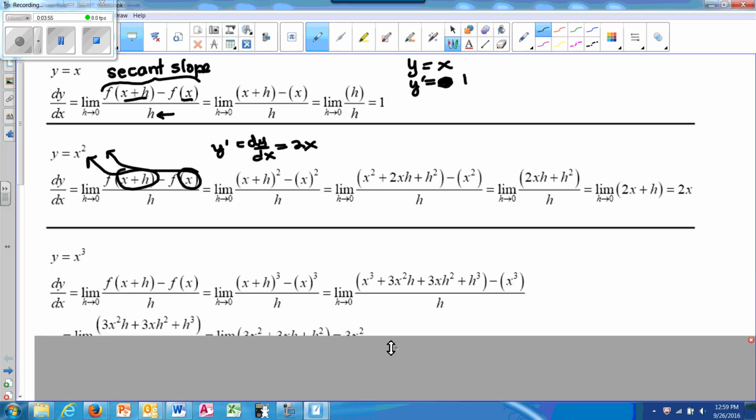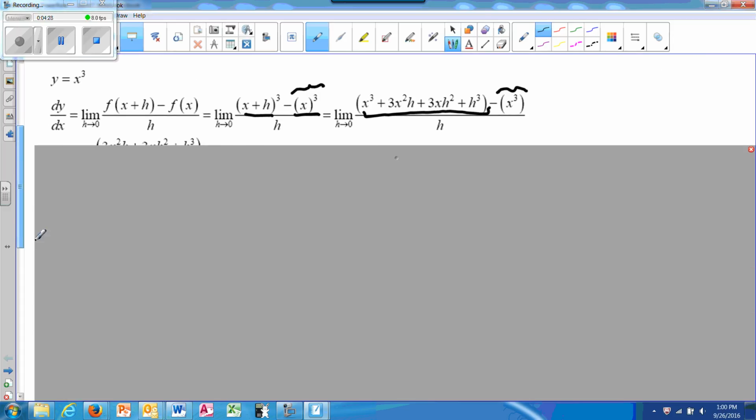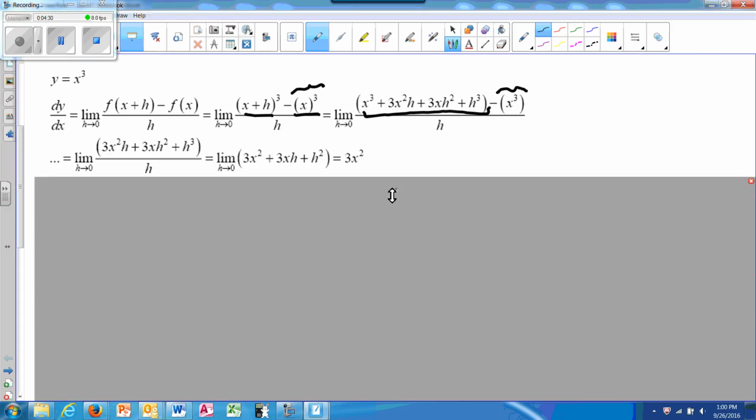We can repeat this process again for x cubed. So we have x plus h quantity cubed minus x cubed. If we FOIL out, distribute out the x plus h quantity cubed, we end up with x cubed plus 3x squared h plus 3xh squared plus h cubed minus x cubed, which was from this second portion, all over h.